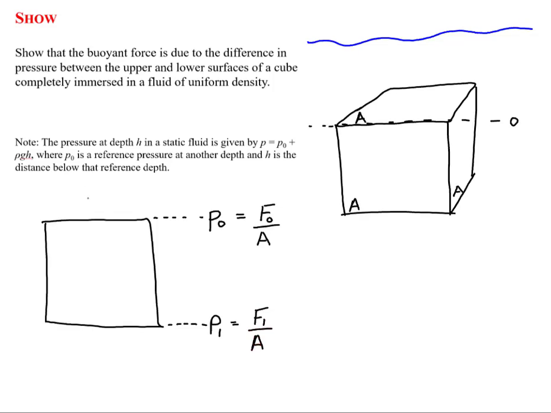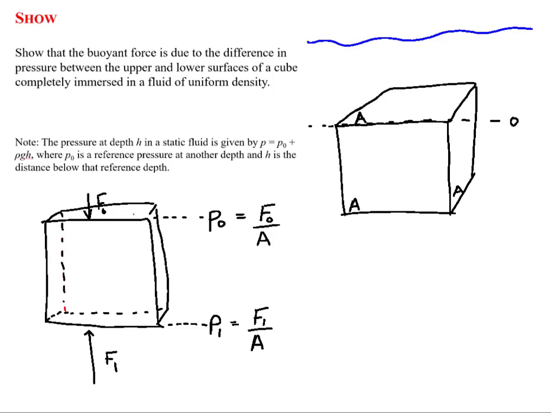So that's essentially a force bearing down on the upper surface, which I am calling F naught, and a force bearing up on the lower surface, which I'm calling F1. Remember, the areas of those surfaces is A. Just to remind us in the picture, I'll make this three-dimensional. The upper surface has area A and the lower surface has area A.